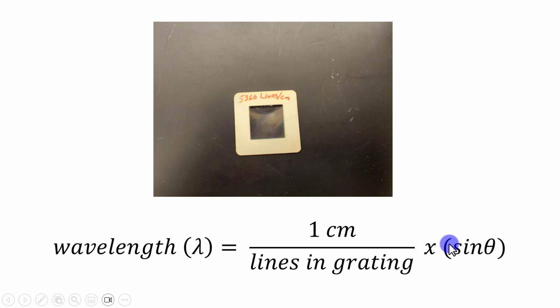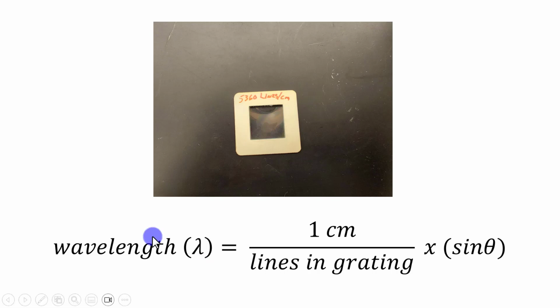So you will plug in the sine theta value from Y over Z that you calculated, and then divide that by the lines in the grating that you get from this picture. You then will have the wavelength in the centimeter range.